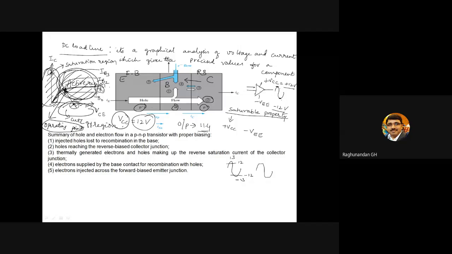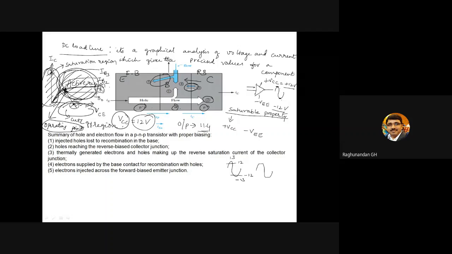After that, the fifth one, the electrons injected across the forward bias emitter junction. Since it is N layer, the electrons in the base region start moving towards the emitter side. So this and this form the reverse saturation current.